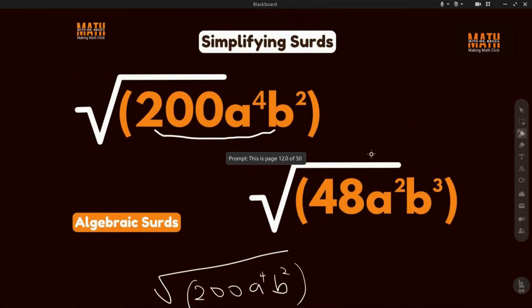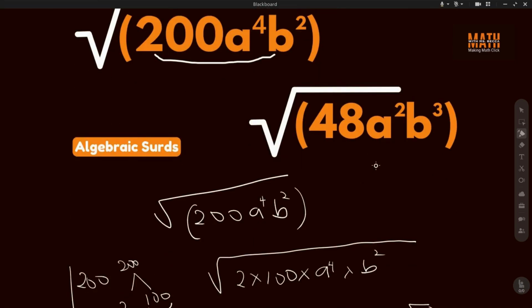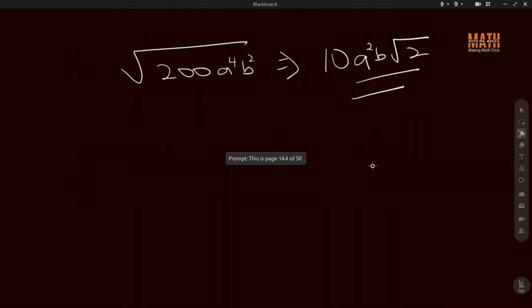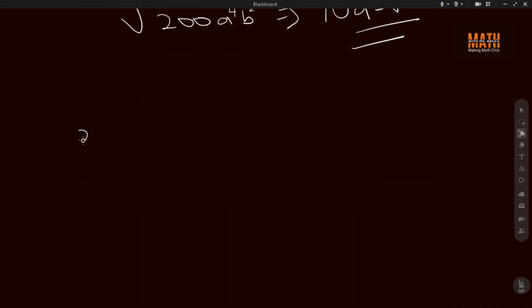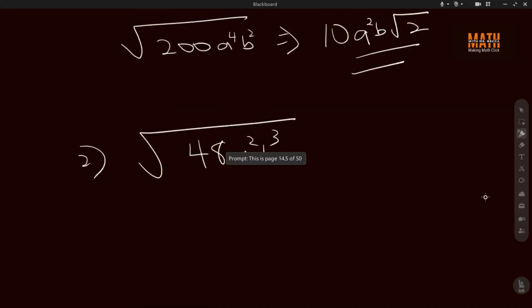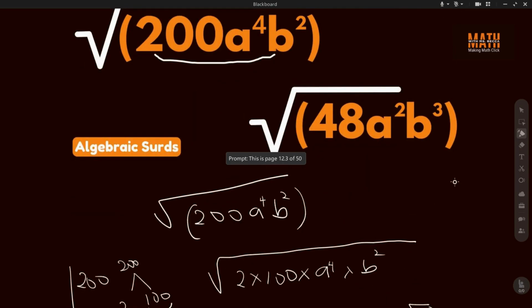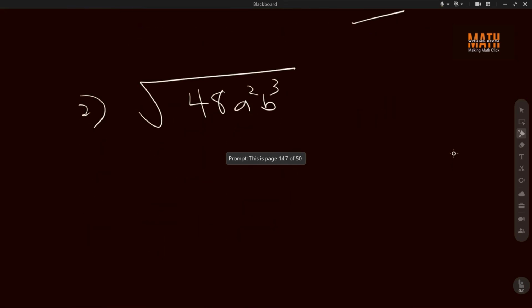Now let's solve the second one. This one is root 48 a squared b cube. Let's confirm: root 48 a squared b cube. Now let's first find the factors of 48.